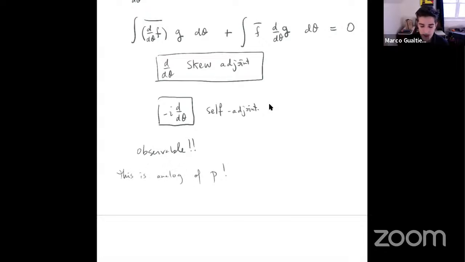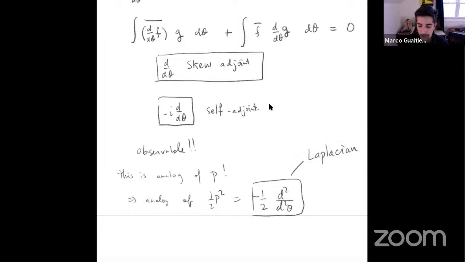And so the analog of p squared over 2 is going to be the square of this operator. And the square of this operator is going to be minus 1/2 d squared by dθ squared. It's the second derivative. And this is known as the Laplacian operator on the circle.